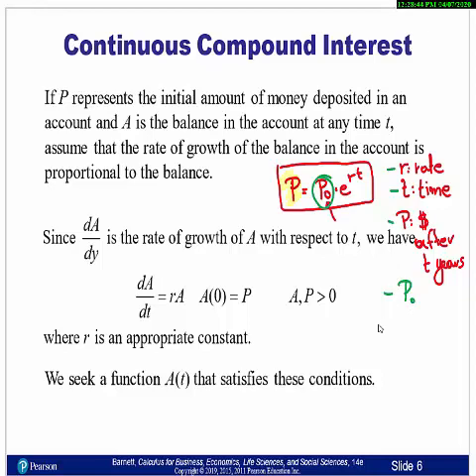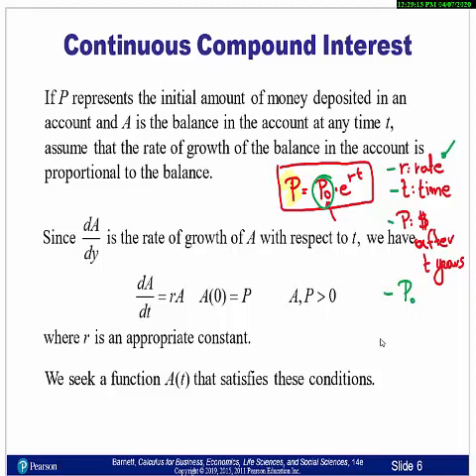There is, though, another type of problem that banks are interested about. And this doesn't have a solution that is just a number. So it doesn't solve for one variable. You don't care about the rate or the time or how much money you will have at the end or how much money you will have at the beginning. What you care about is how much money you have at any given time.